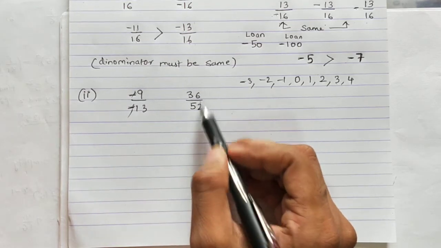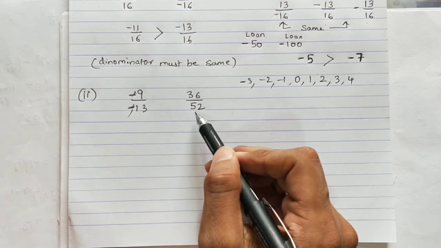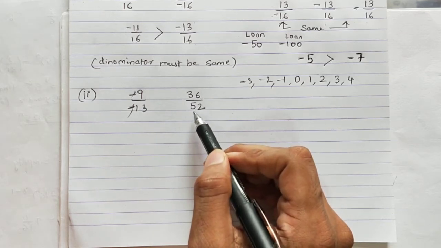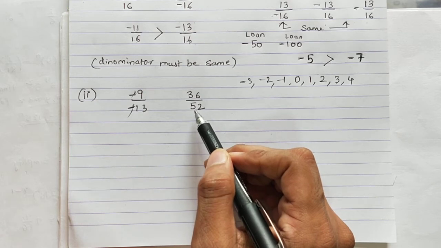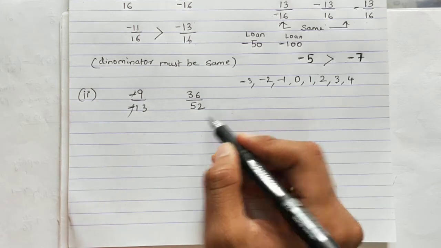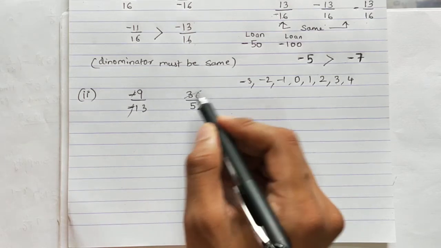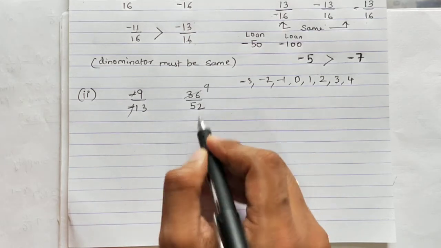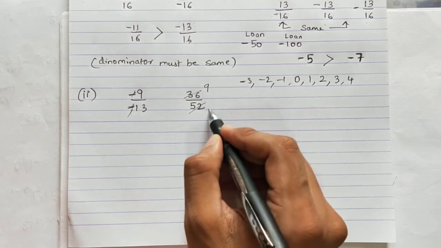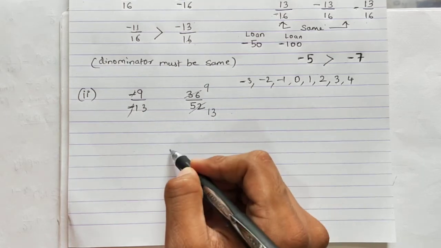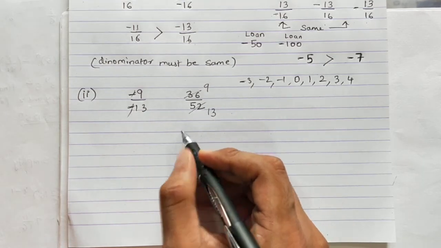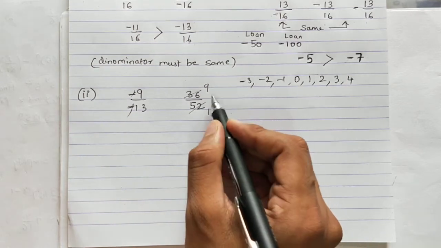Okay, here I can cancel them. They are divisible by 4. So 4 9s are 36, and 13 4s are 52.